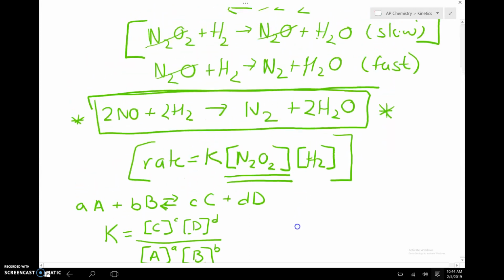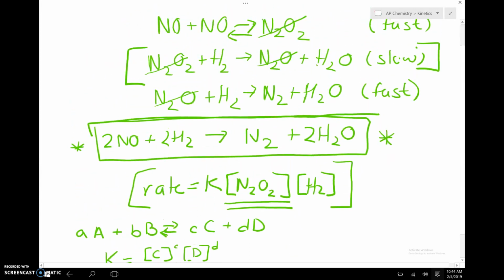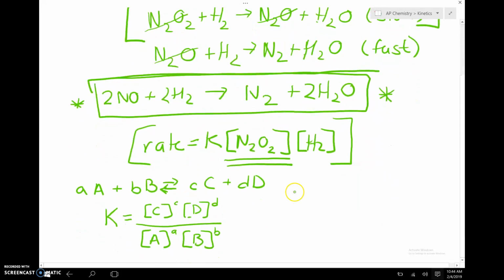So if I'm going to this equation, NO plus NO in equilibrium with N2O2, I'm going to write an equilibrium expression. K is equal to the concentration of N2O2 over the concentration of NO squared.